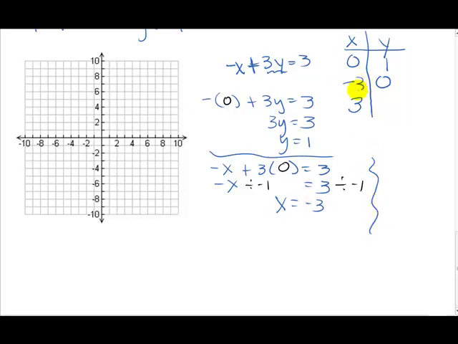So, if we had used the -3, that's what we would have gotten for y. So now we want to use -x plus 3y equals 3. I know I'm very close to the edge. And let's put in a 3. Plus 3 plus 3. Divide by 3.